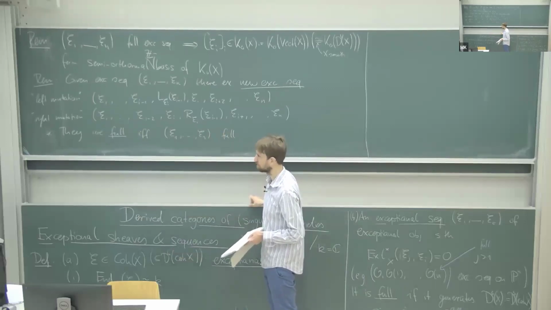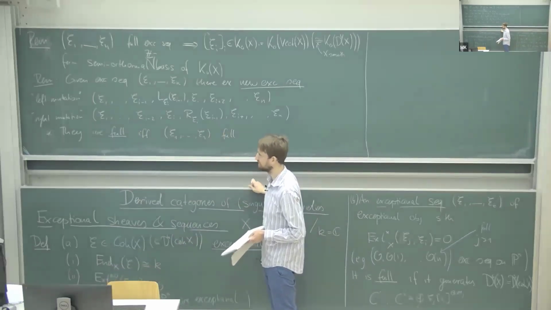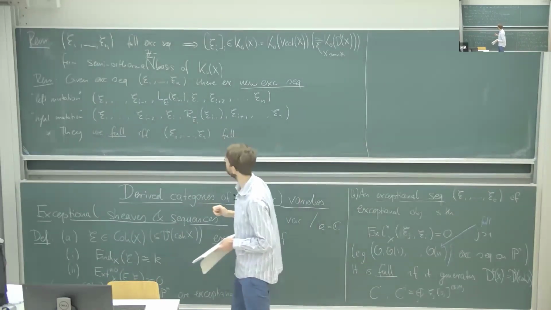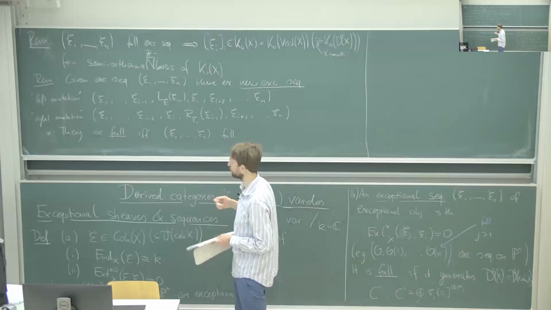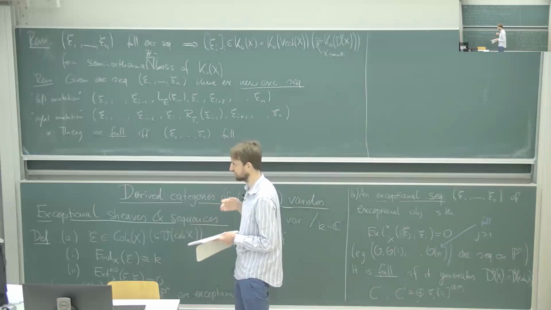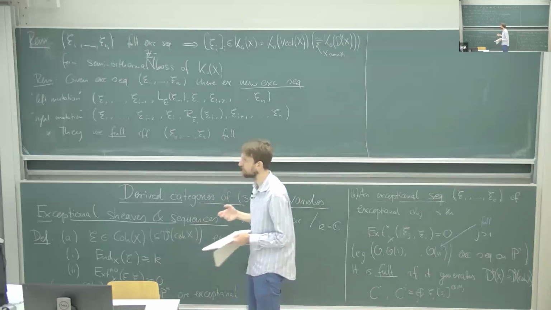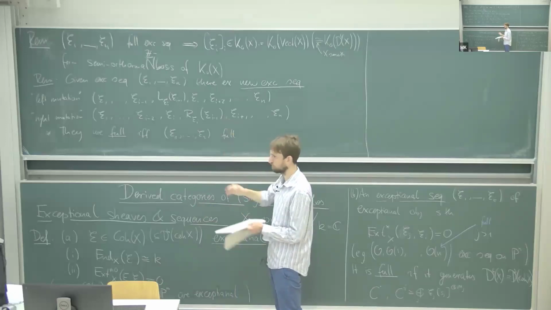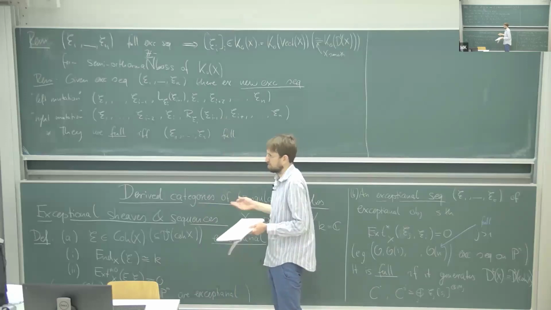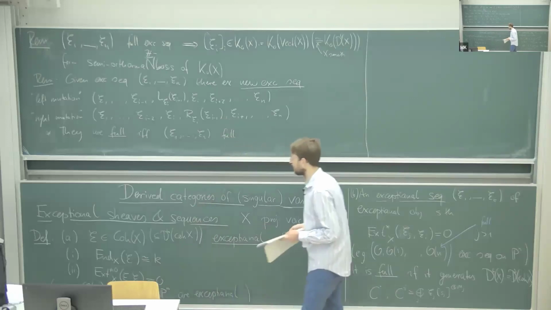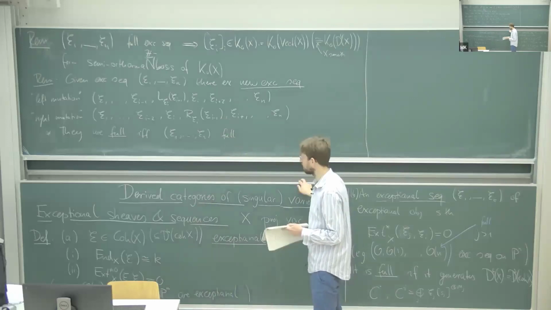That's a bit annoying and tricky to get one's head around, because looking at classes in the Grothendieck group is a very nice way of attaching invariants to objects in our derived category. And in this phantom part, we don't have that tool at our disposal, unfortunately. Okay, so that was a remark about this.